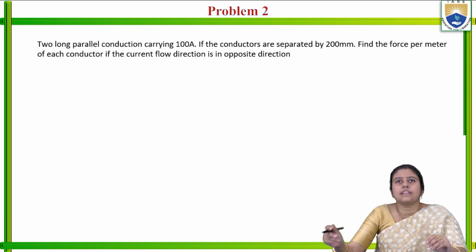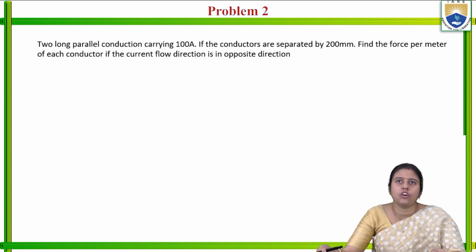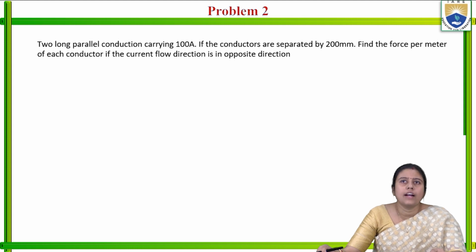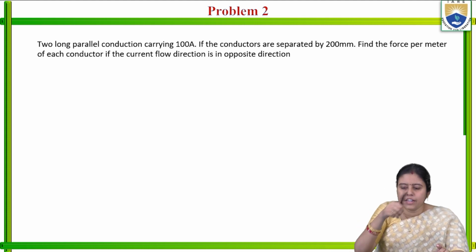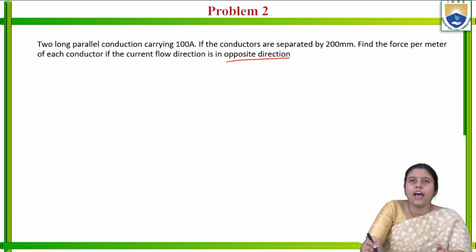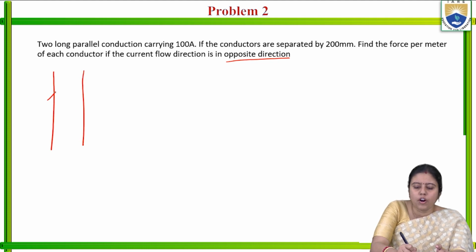Next, we will discuss two long parallel conductors carrying 100 ampere. If the conductors are separated by 200 mm, find the force per meter of each conductor if the current flow direction is opposite. Opposite current directions means the force is attractive. So there are two long conductors.